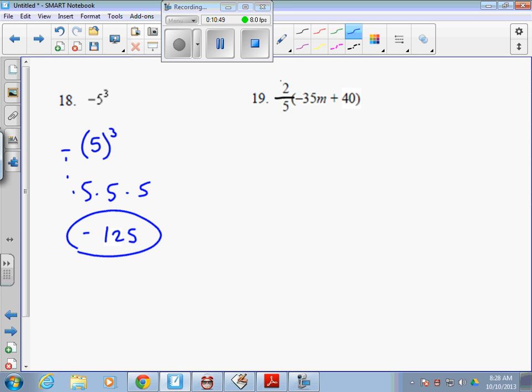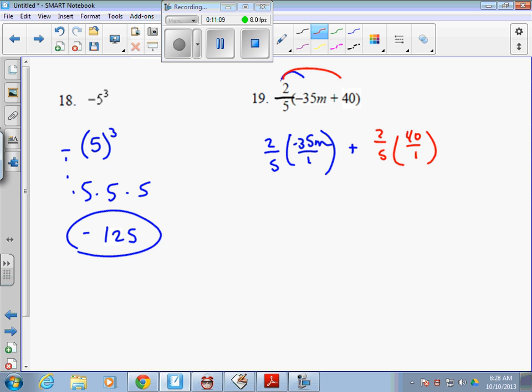This one says 2/5 times negative 35m plus 40. You have to distribute. So 2/5 times negative 35m, which is the same thing as negative 35m over 1, plus 2/5 times 40 over 1. You have to distribute it to both of them.